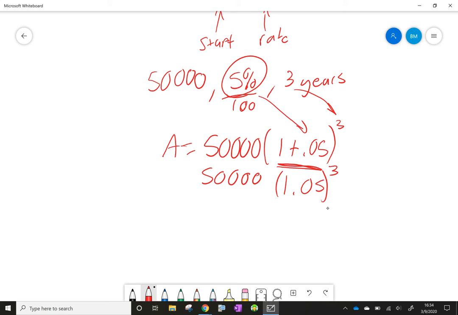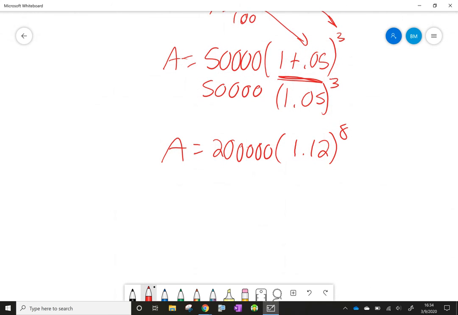So if I had an equation that read 200,000 and then I saw 1.12 to the 8th power, I would know from this problem that my starting amount was 200,000.